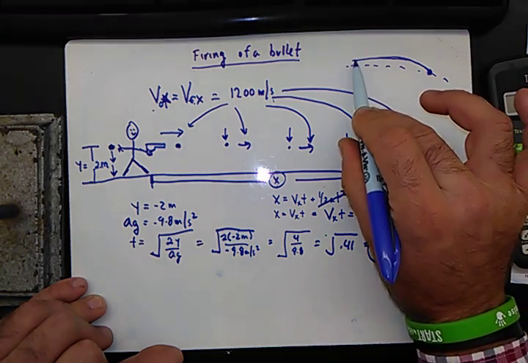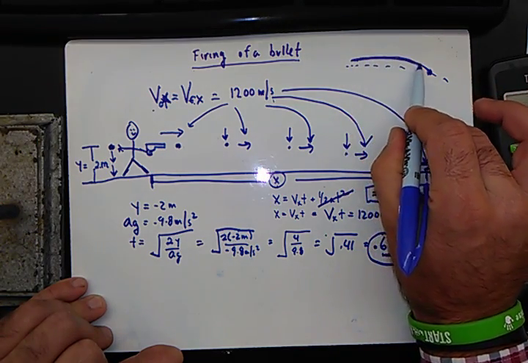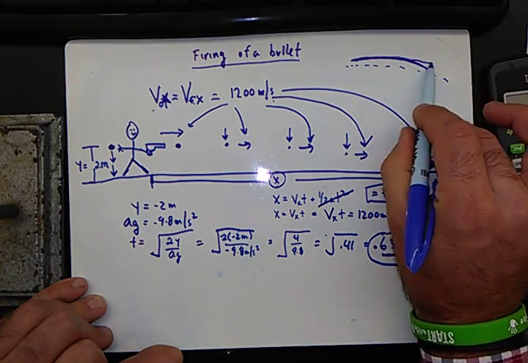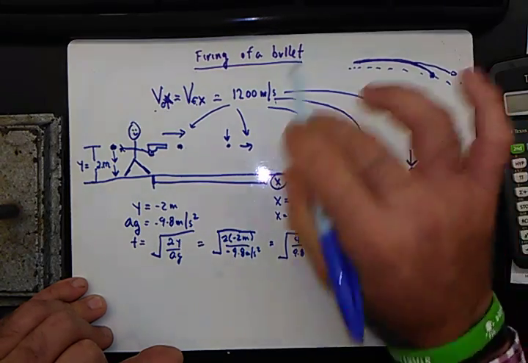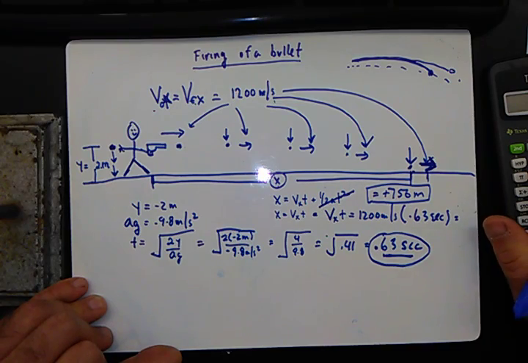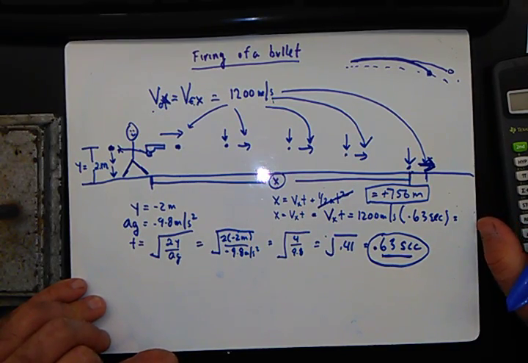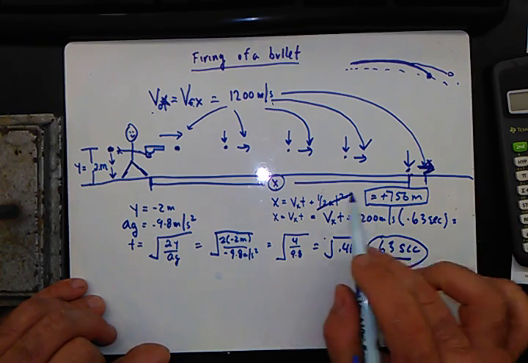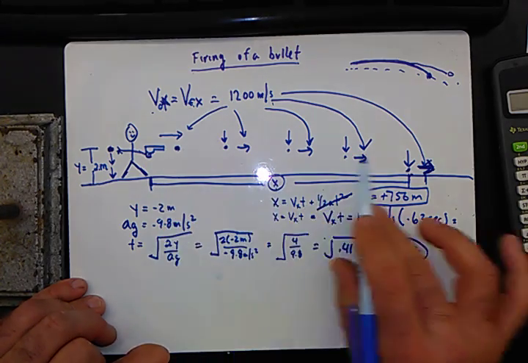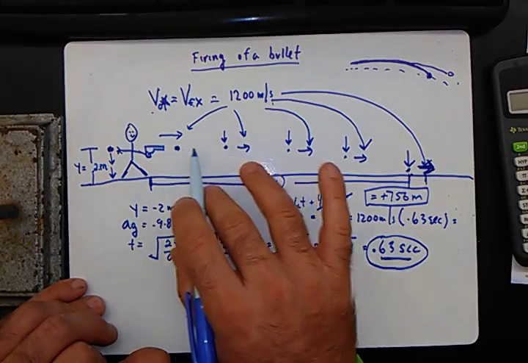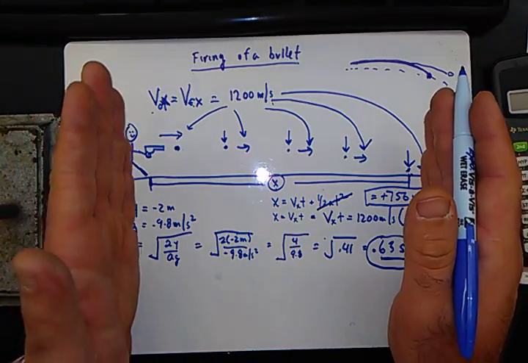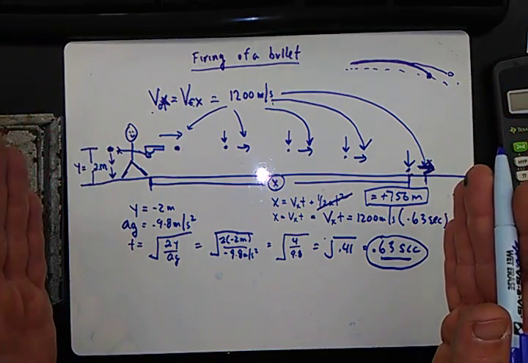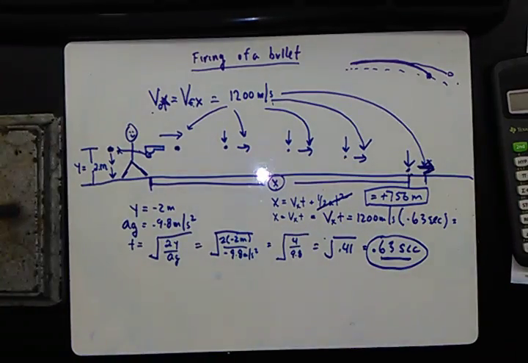I can actually get into some velocities where this keeps on going around the Earth, and that's something we call orbital velocity. So let's stop here. We've got the range of a projectile launcher, and maybe we can solve a couple more examples.